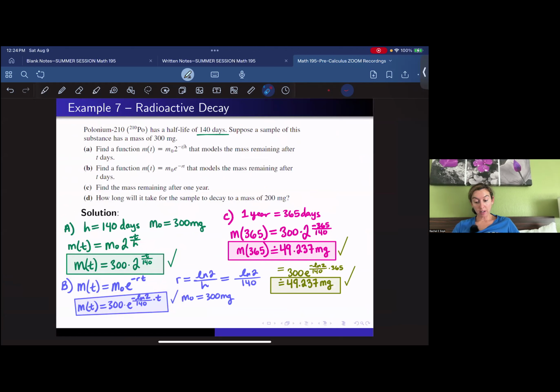And then finally, we're at that last part. How long will it take for the sample to decay to a mass of 200 milligrams? So we want our final outcome to be 200.